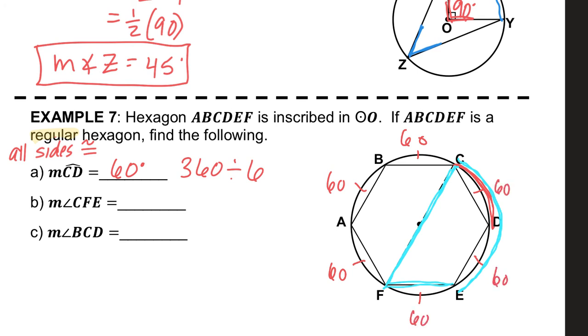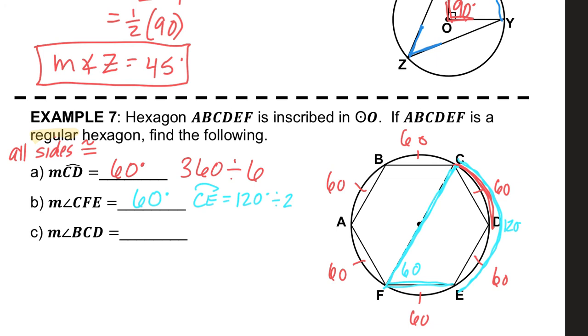So that means the intercepted arc, CE, is actually going to be 120 degrees. So we need to take half of that. And then we're going to wind up with 60 degrees down here for our inscribed angle.